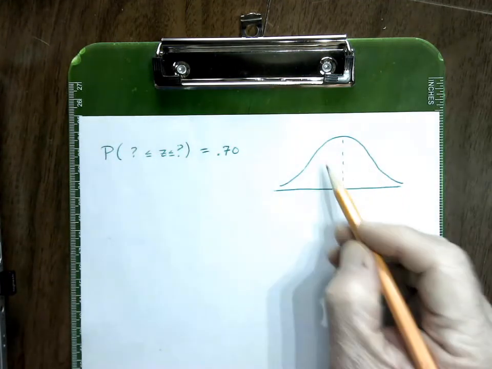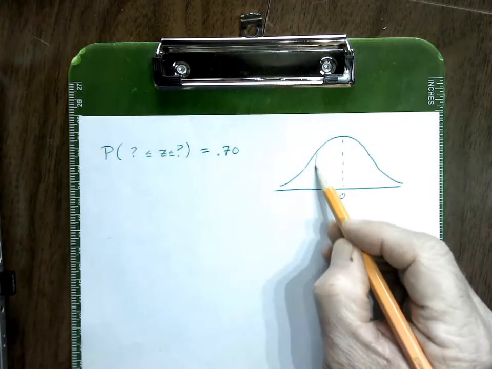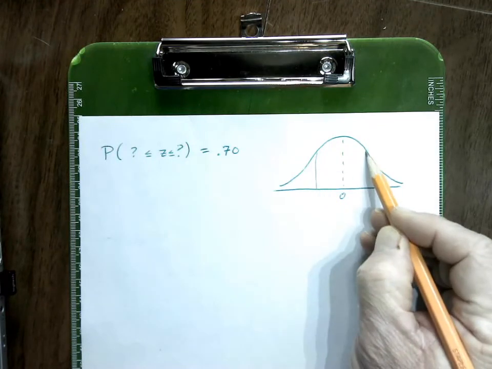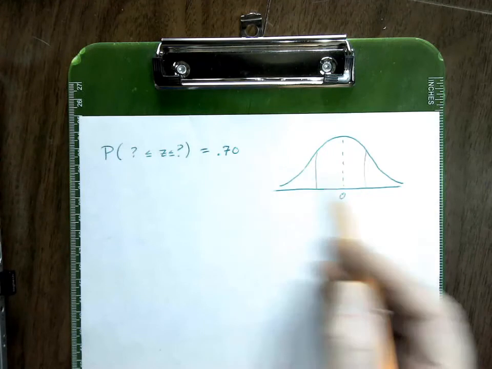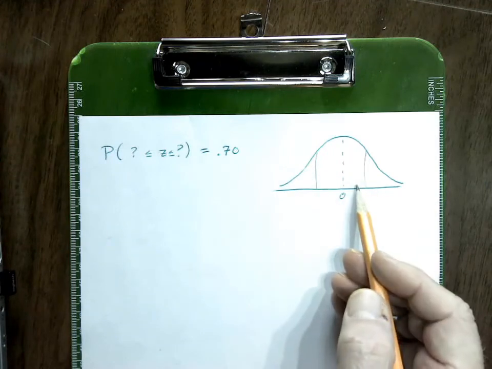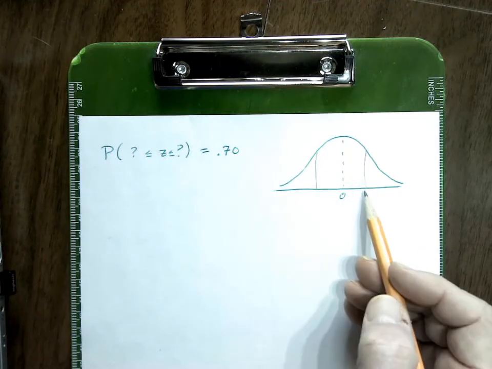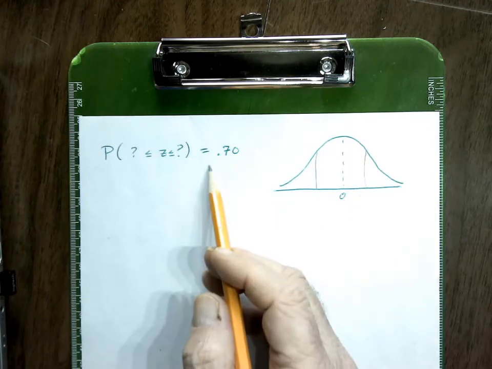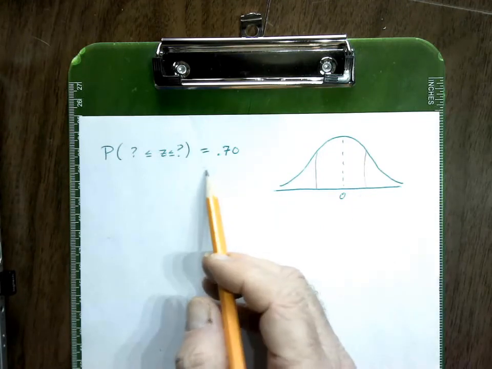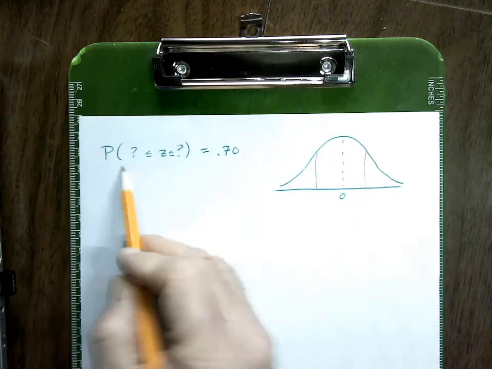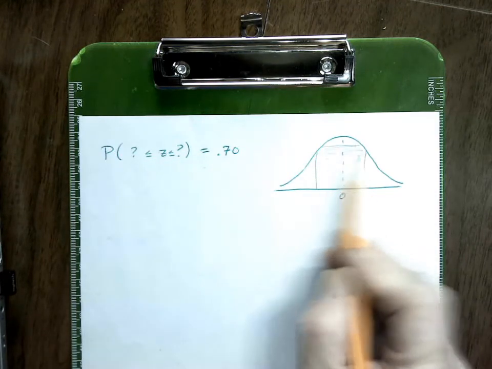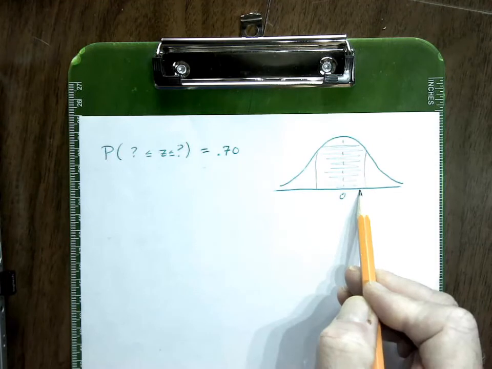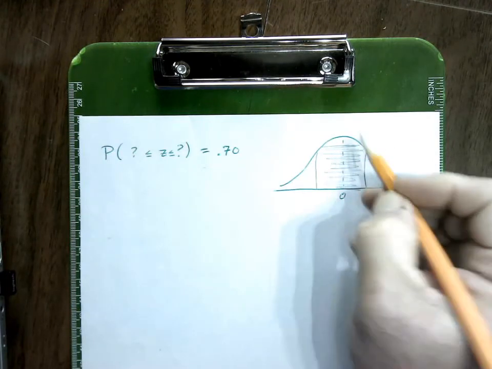So, for example, there's some number down here and some number up here, and we always assume these two are the same, that they're evenly distributed. They're not uneven. That would only be if we were talking about the empirical rule or something like that. Here it's assumed that they're equally distributed. That this middle area here is 70%.